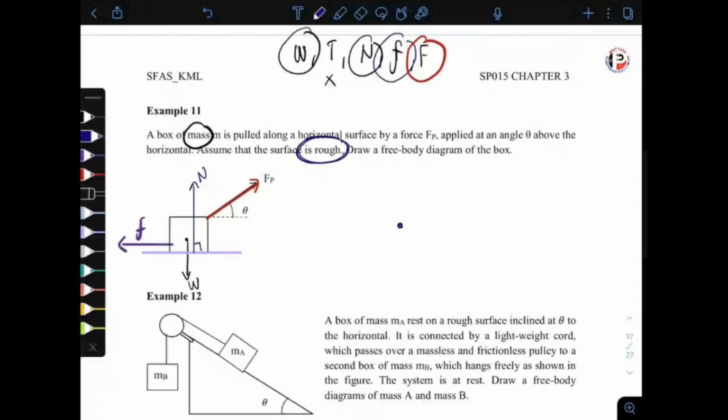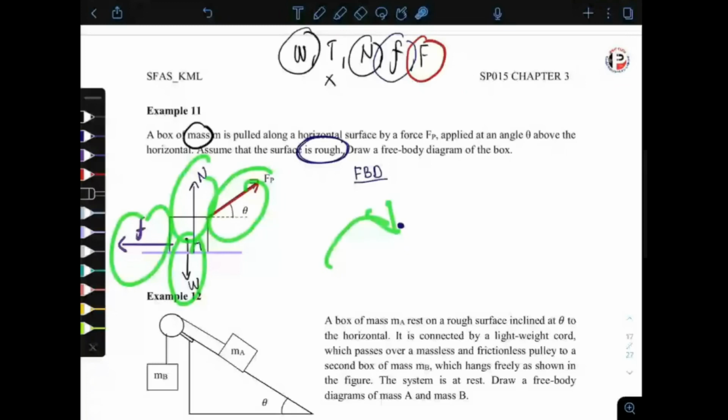This is how you draw free body diagram. Lepas identify forces, nak transfer dia masuk ke dalam rangka. So now you're going to transfer all the forces acting on the object into this dot, and all the forces has to start from the dot.